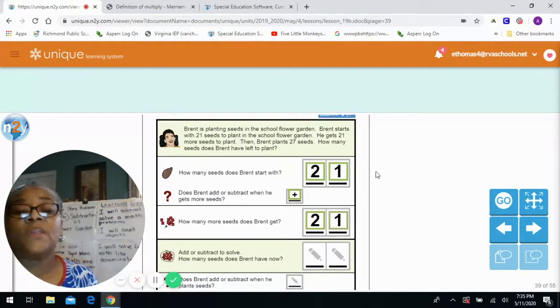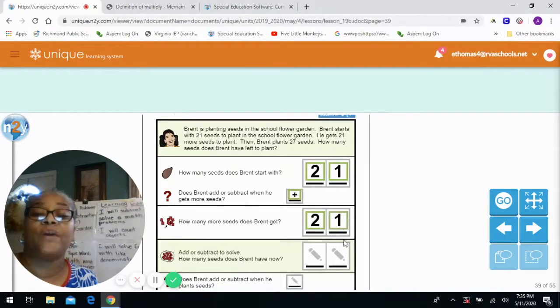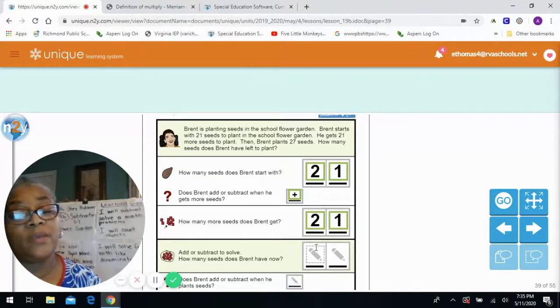Now, it says, then Brent plants 27 seeds. So he adds, let's do this one first. We have an equation right here. We have two numbers that we need to do what? Add. So 1 plus 1 is what? Okay, so that one would be 4, and this one would be 2.